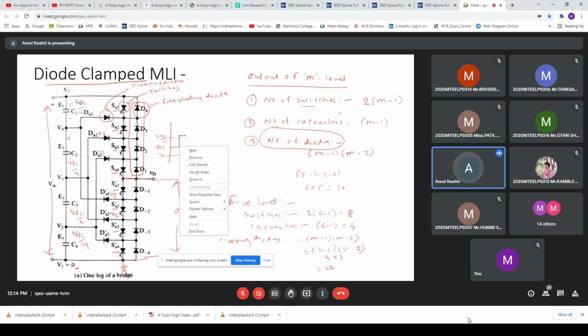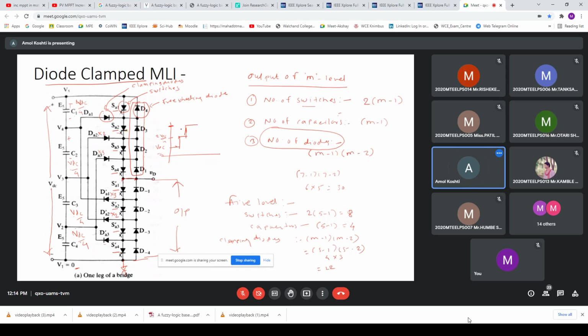Again we take one more: suppose first we get C4, then C3, then we take C2 into the circuitry, so VDC by 4 plus VDC by 4 plus VDC by 4, total 3 VDC by 4. From this we produce the output in this way.